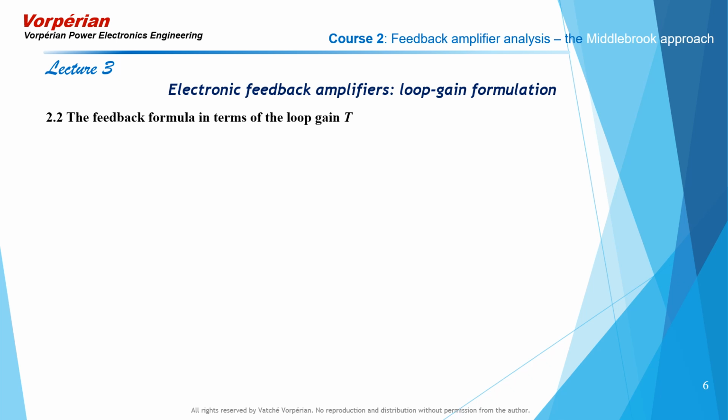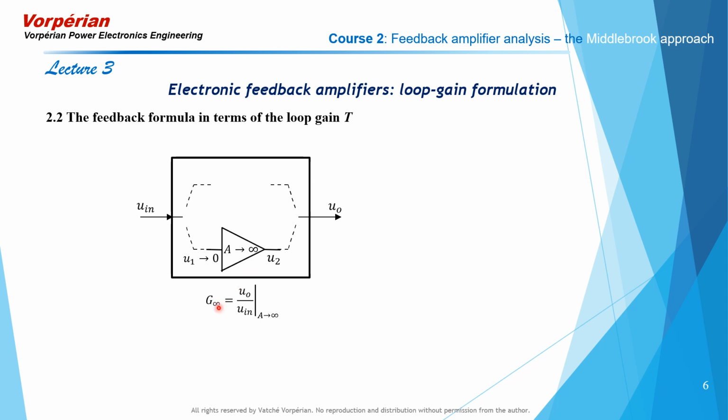First, we review G infinity and G0. We said earlier to determine G infinity, we let the value of the gain element A inside the feedback amplifier go to infinity, and we determine the ratio of the response to excitation, UO over UN, with A equal to infinity.